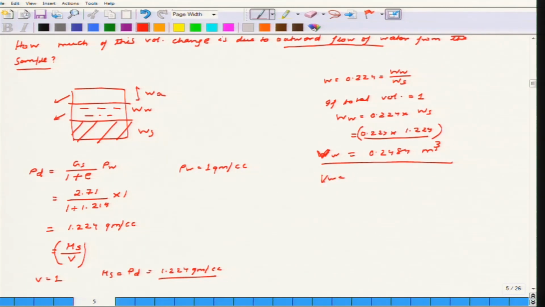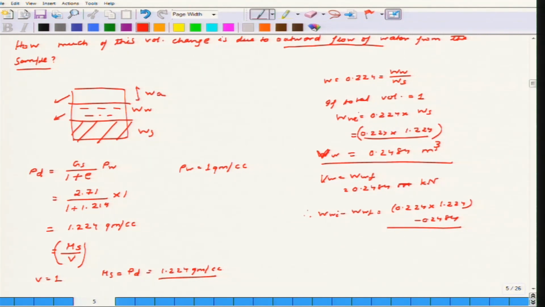The volume of water is equivalent to the weight of water, so the final weight of water is 0.2484, whatever the unit. So the initial weight of water is known and the final weight of water is known. What is the total weight of water that has been removed? WWI minus WWF is equal to 0.224 into 1.224 minus 0.2484. This is the weight of water that has been removed.